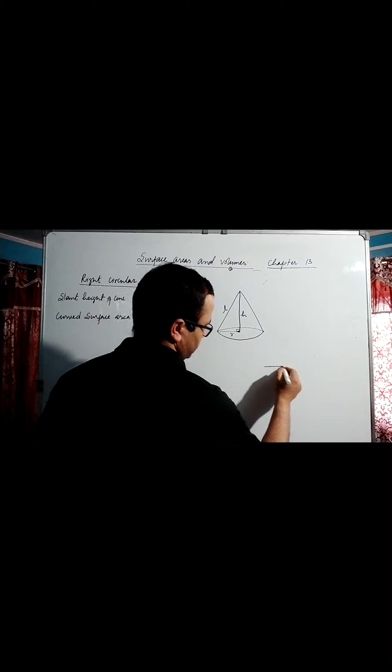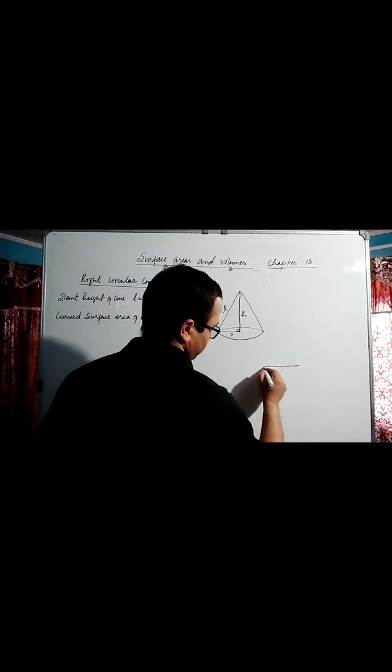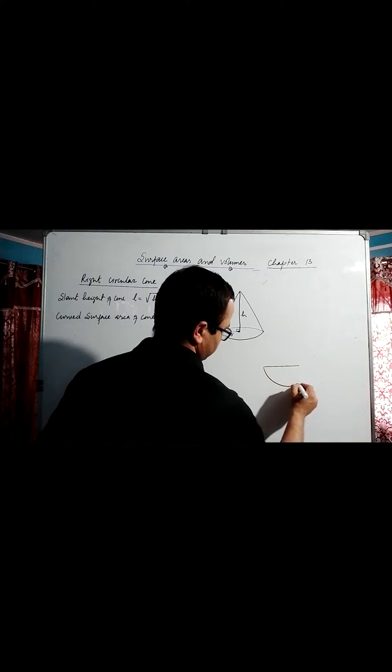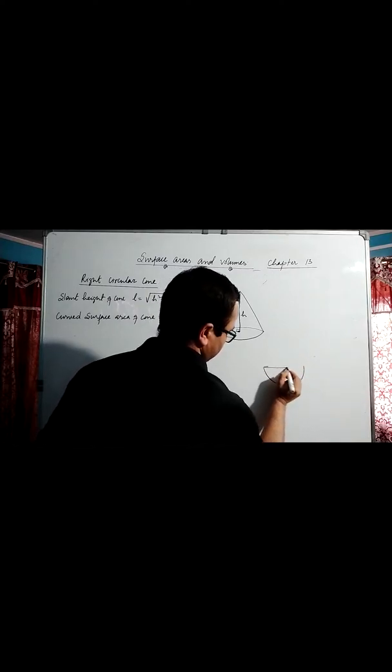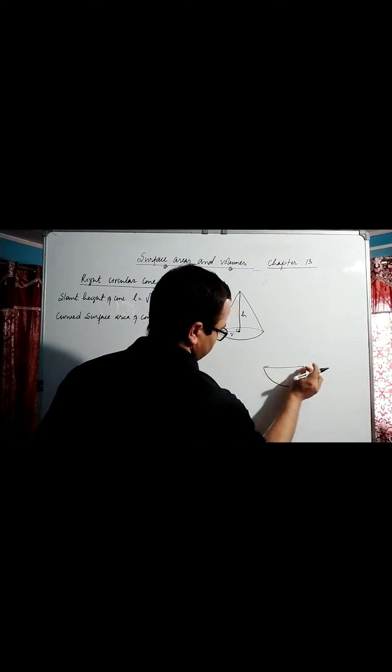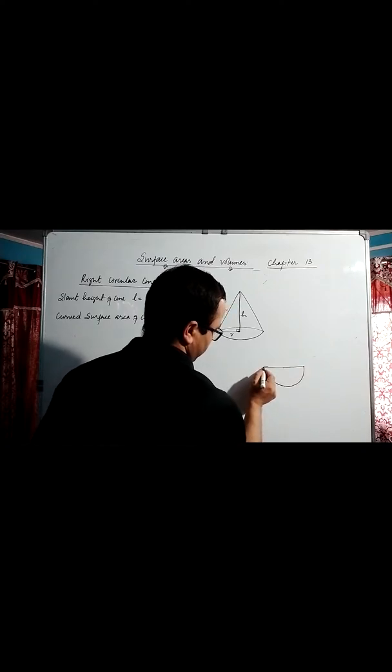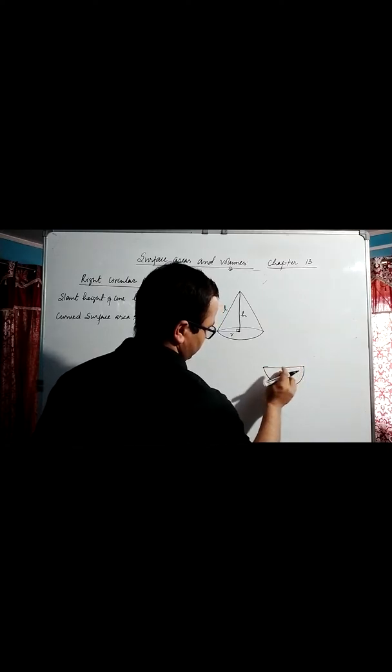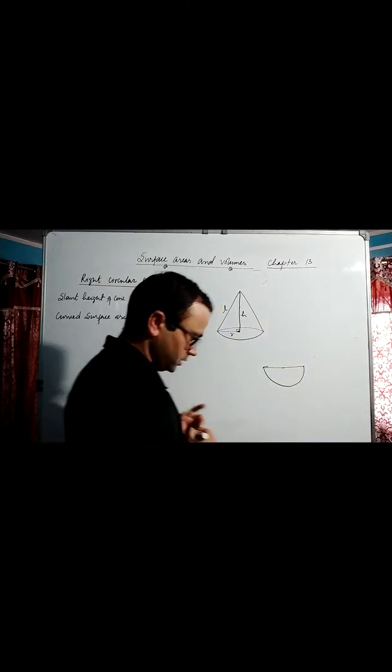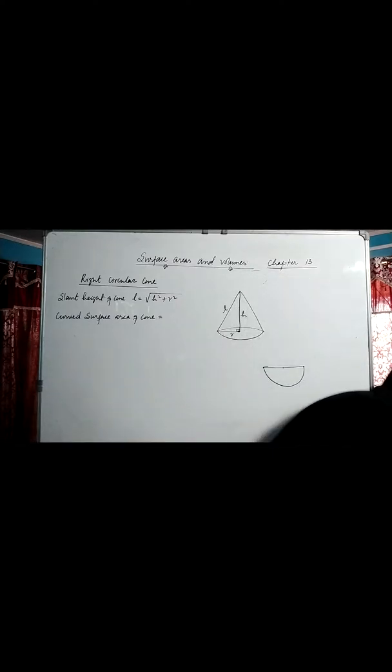Suppose this is the semicircle. If you fold this semicircle from the middle, now this end and this end fold it till here. If you fold this here and this point here, you will get the cone in this way.